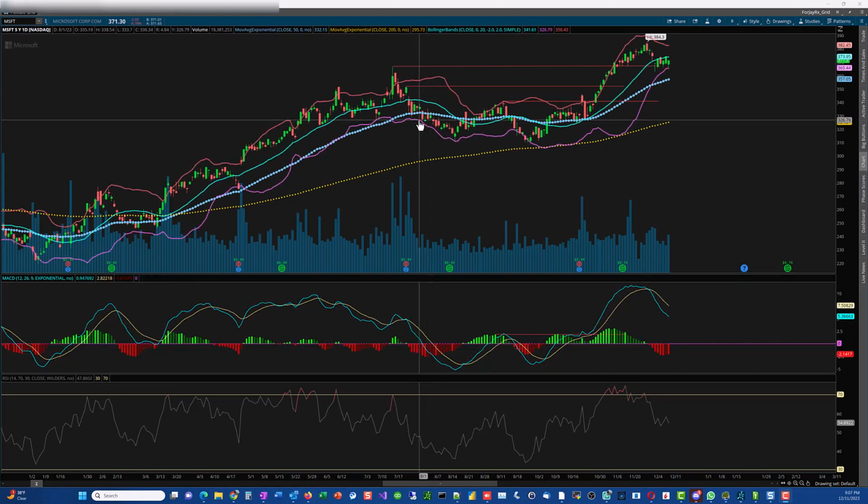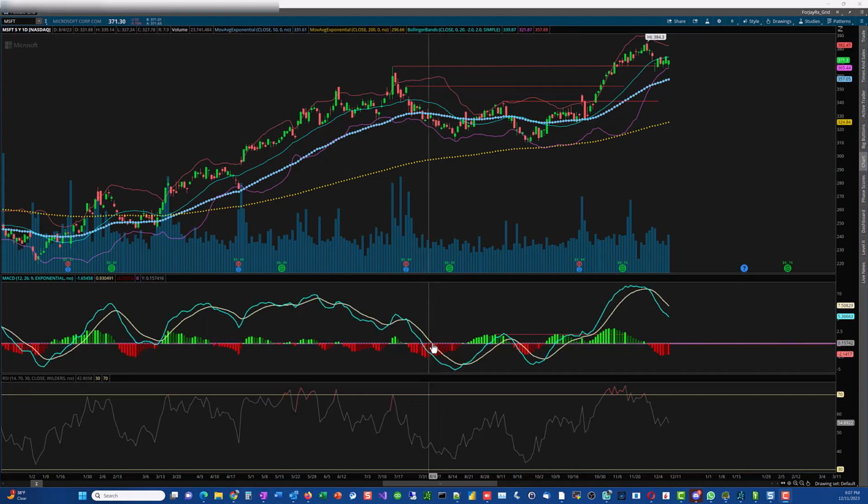That's a second indication to me that, okay, look, it's below the 50-day. There's a possibility of a cross, or a possibility of some downward pressure. I'm looking at the MACD, right? I'm seeing that it's on the negative territory, meaning shorts are in favor, so I'm not going to go for a long. Okay, and then the same thing on the RSI.